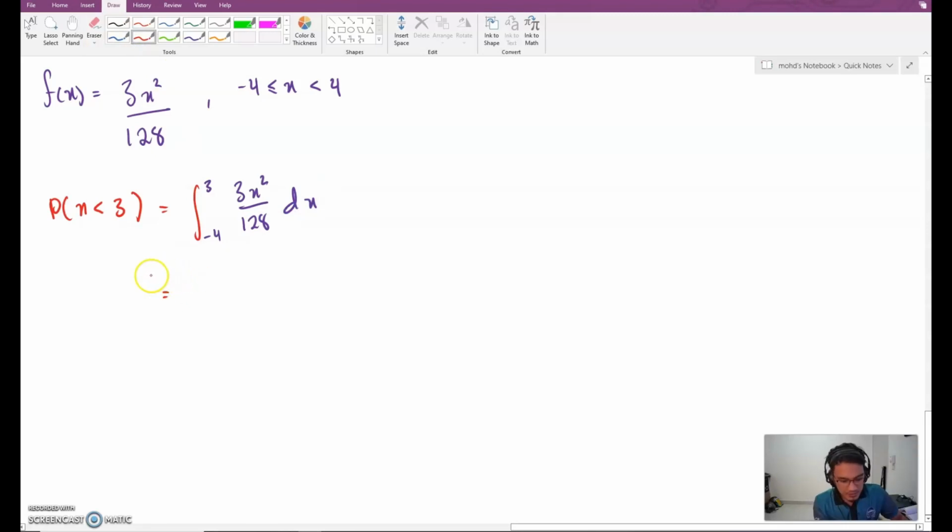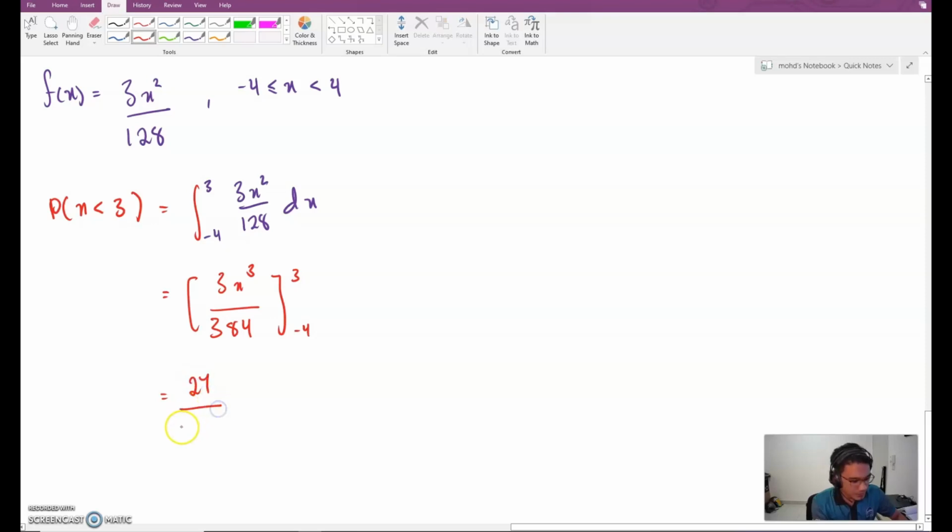It will be the integration 3x cubed over 384, from negative 4 to 3. Next, just substitute the values into the function.